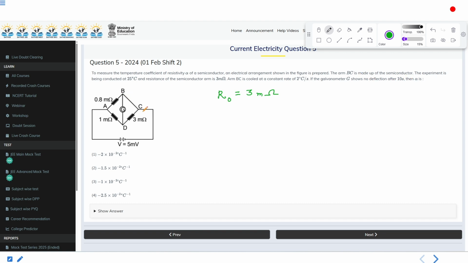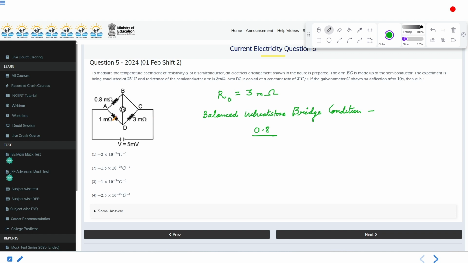Now after 10 seconds, the galvanometer shows no deflection. It means after 10 seconds, its resistance is that amount that it is a balanced Wheatstone bridge. That means it is following the balanced Wheatstone bridge condition, that is 0.8 milliohm upon 3.